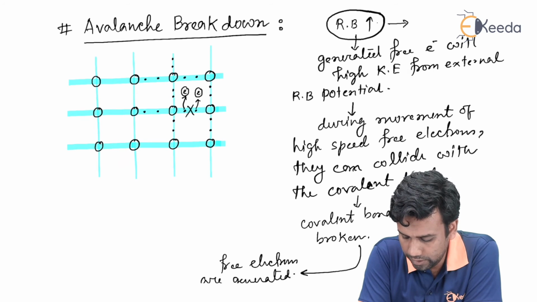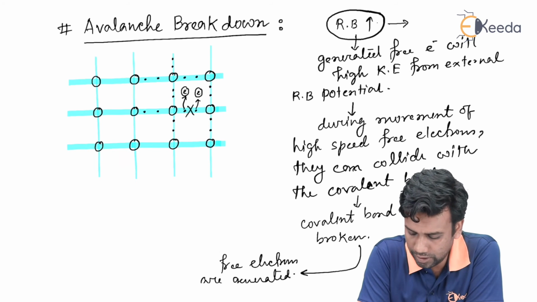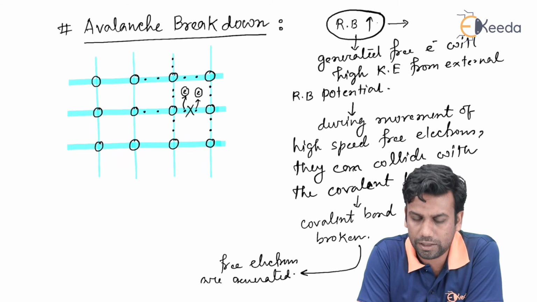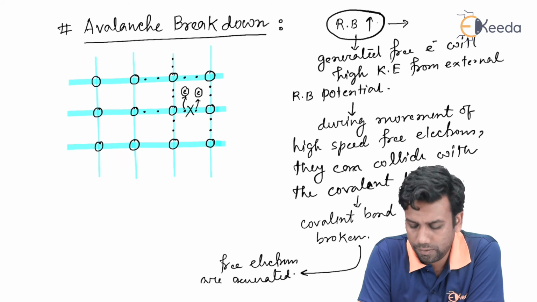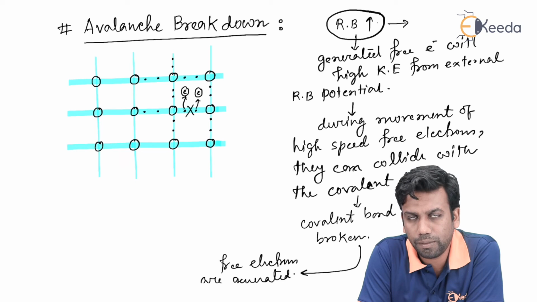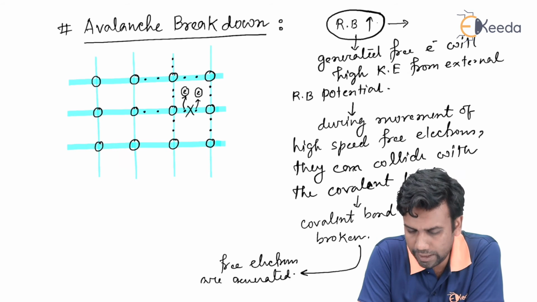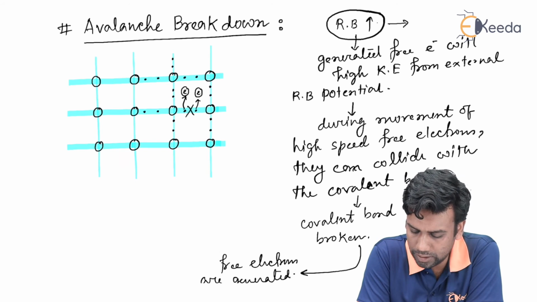In this way, these newly generated free electrons will also gain some kinetic energy, and they will start moving with high velocity. They will collide with other covalent bonds and also create some free electrons. In this way, a cumulative collision will happen between new electrons and the covalent bonding. So, a huge amount of carriers will be generated inside the semiconductor, and they will flow rapidly through the diode.